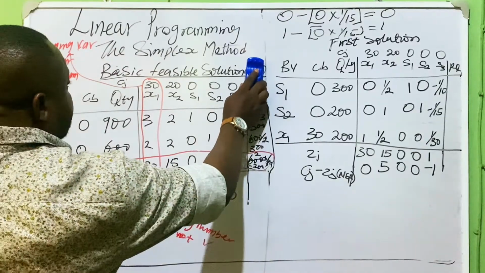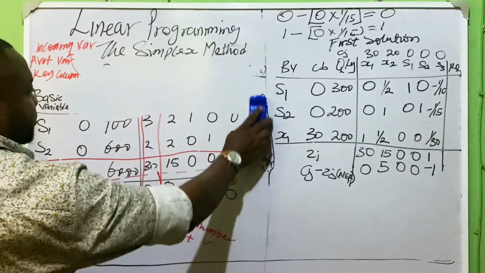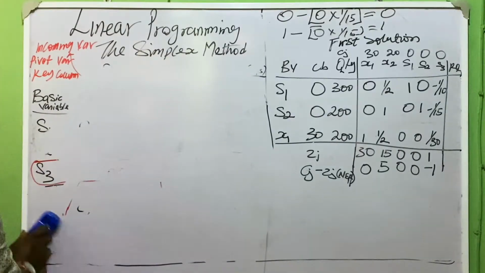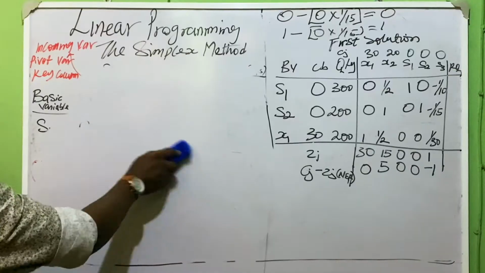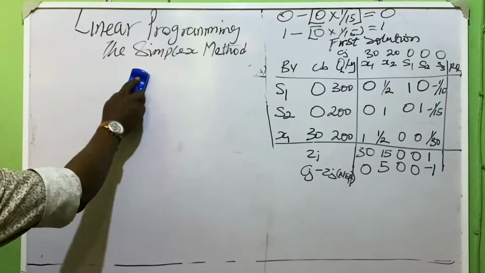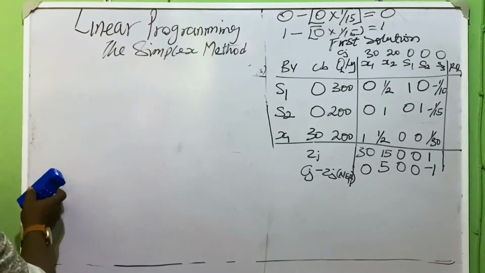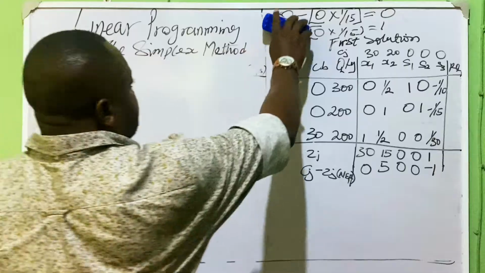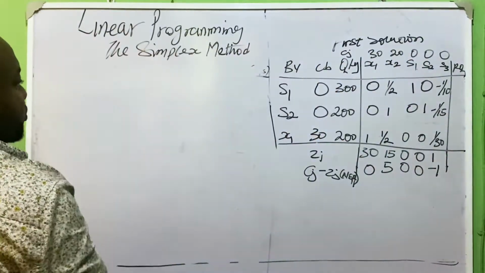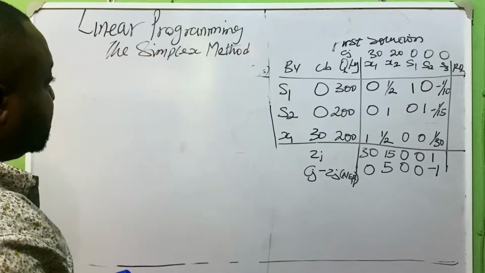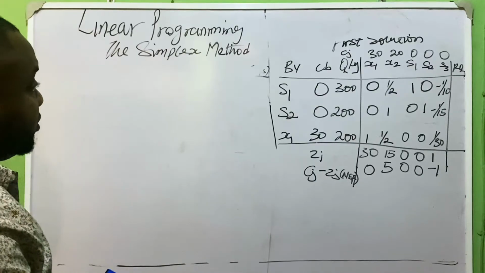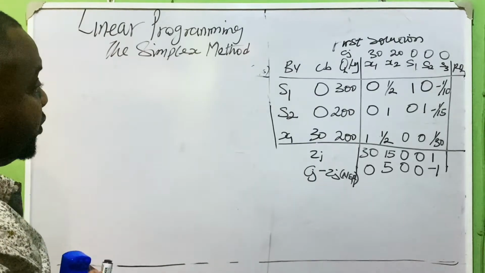So quickly, we're going to do that by our established rules: the transformations, the incoming variable rule, the outgoing variable rule. Now the first assignment will be to determine our incoming variable and outgoing variable.